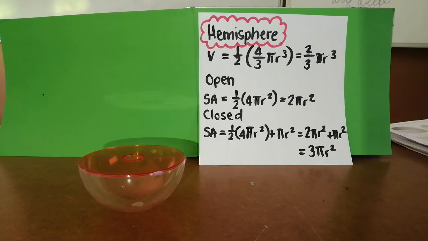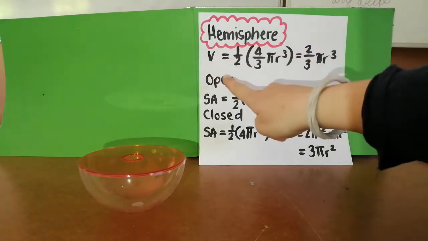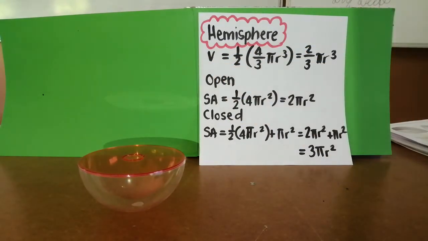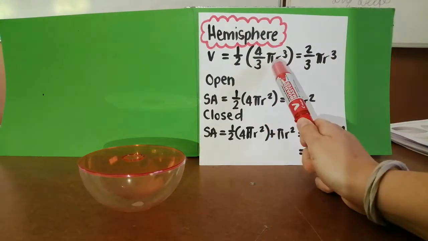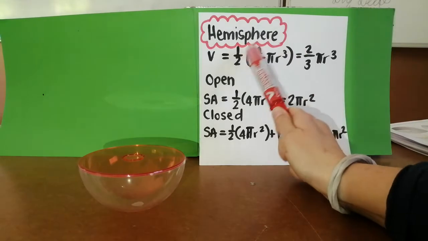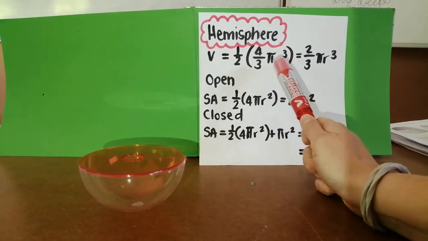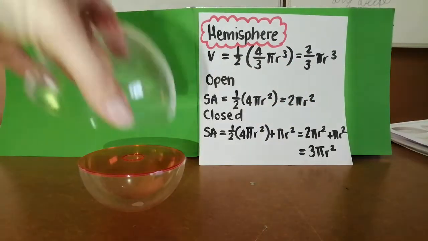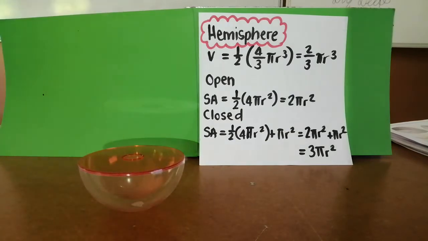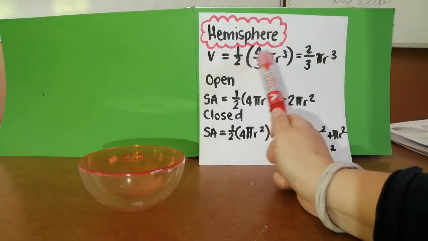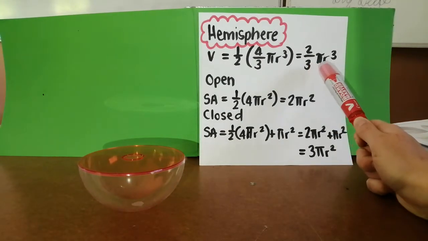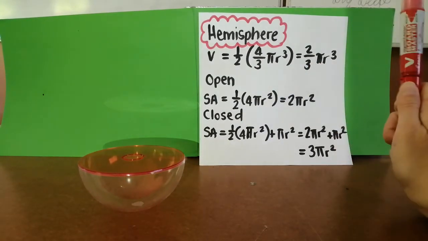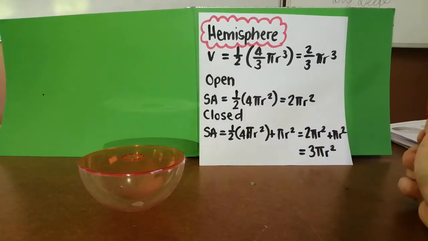The volume of a hemisphere, whether it's open or closed, remains the same: it is half of the volume of a sphere. This was the volume of our sphere, and a hemisphere is half of that because I took half away, so that's easy enough. When I simplify half times 4/3, I get 2/3 pi r cubed. That's a hemisphere whether it's open or closed.